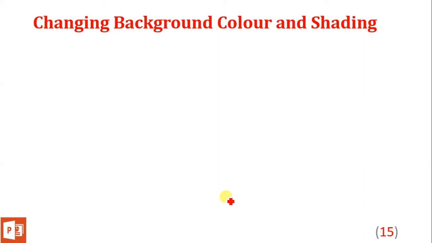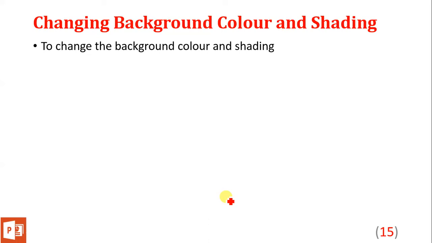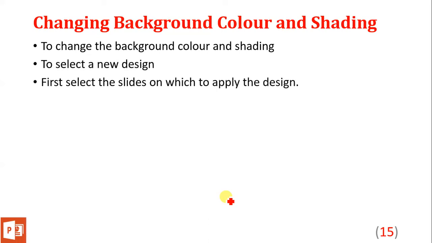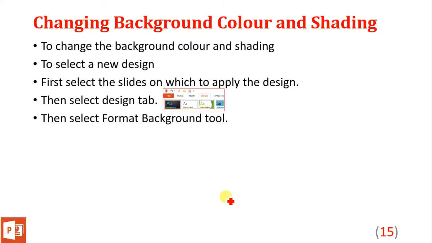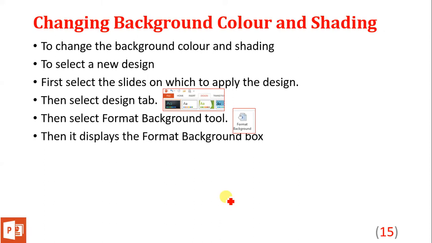Now, changing the background color and shading. To change the background color and shading, select the slide on which you want to change the background color, then select the design tab, then select the format background tool as it appears on the ribbon.